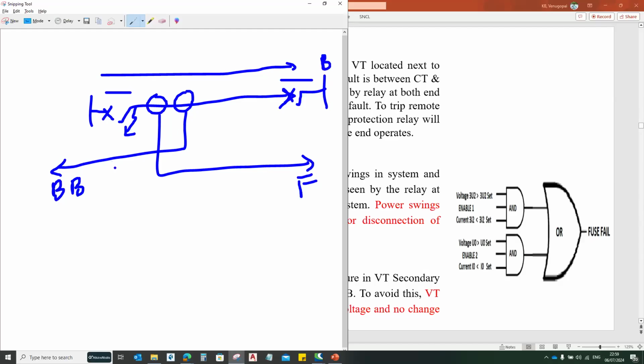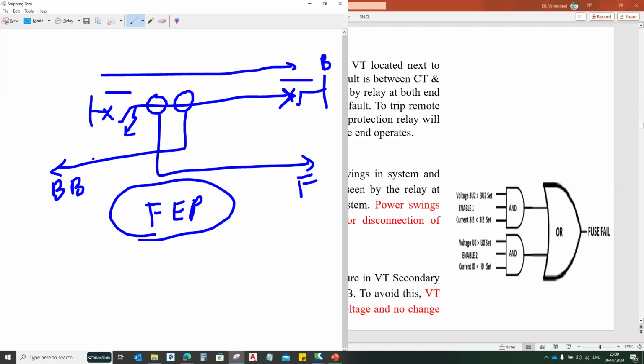So in this condition, as the busbar protection is operated, it will trip the circuit breaker, but the busbar protection operation will not send an intertrip to the remote end to trip the circuit breaker. The fault is not cleared, and the feeder protection will also not operate because the feeder protection CT is looking in the forward direction. So in this condition, we can have feeder end fault protection.